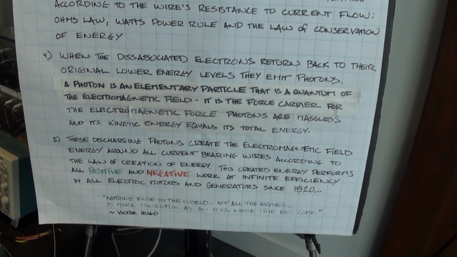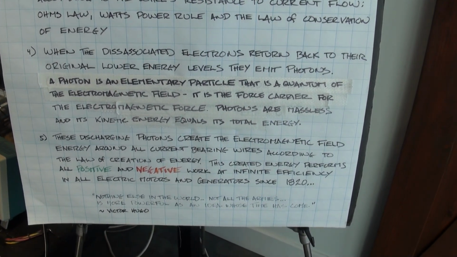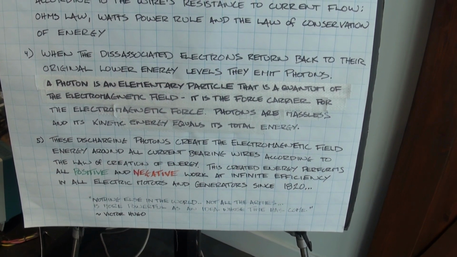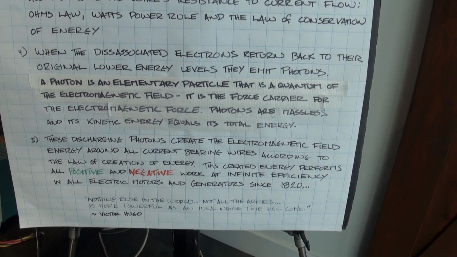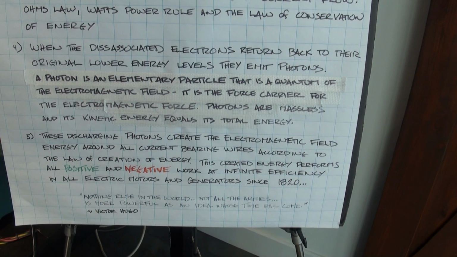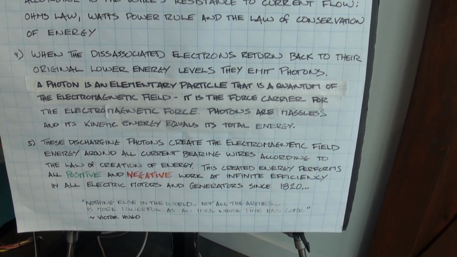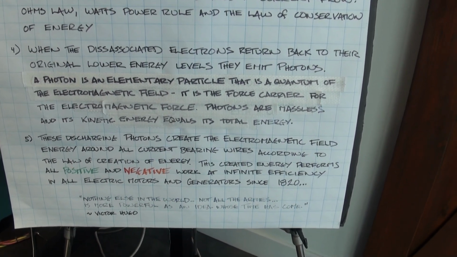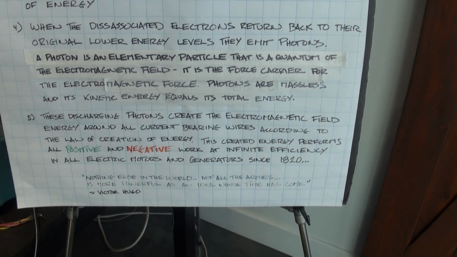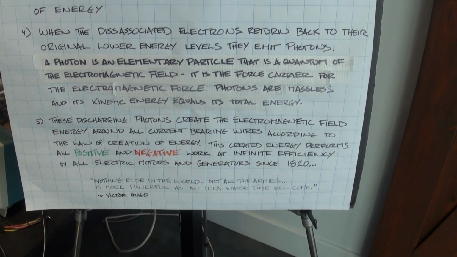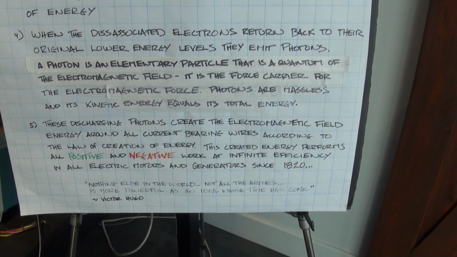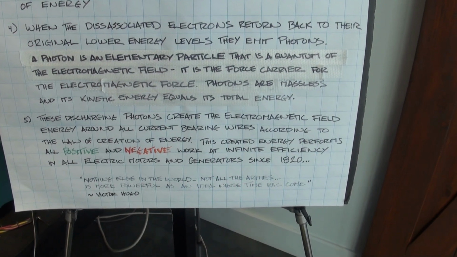When the dissociated electrons, which are unstable, return back to their original lower energy levels, their valence orbits, they emit photons. A photon is an elementary particle that is a quantum of the electromagnetic field.